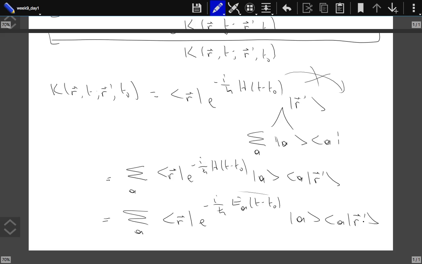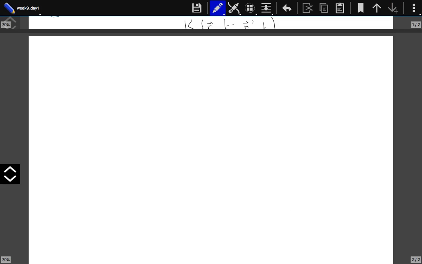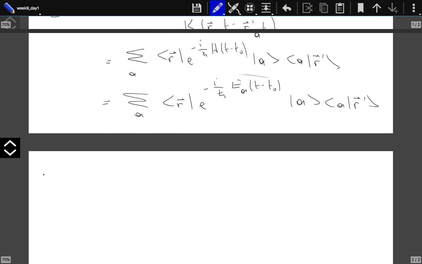Now that exponential over here is no longer an operator, it's just a number. So that number I can just put wherever I want.